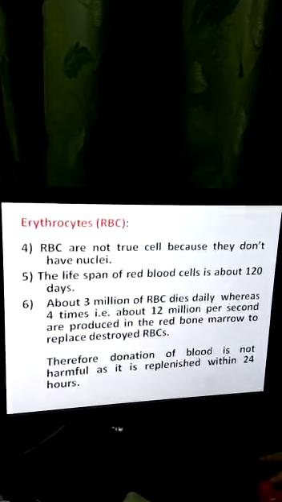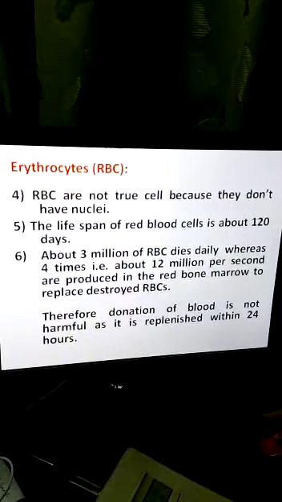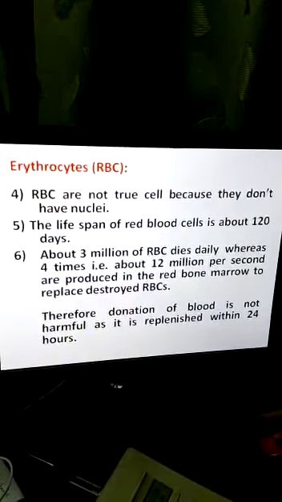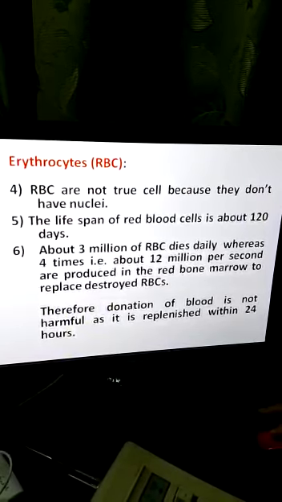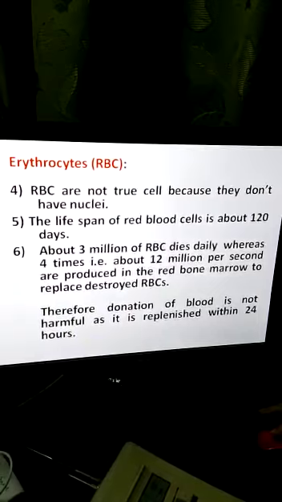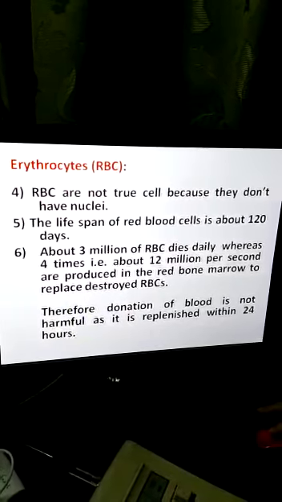About 3 million RBCs die daily, whereas 4 times that, about 12 million per second, are produced in the red bone marrow to replace destroyed RBCs. Therefore, donation of blood is not harmful as it is replenished within 24 hours.